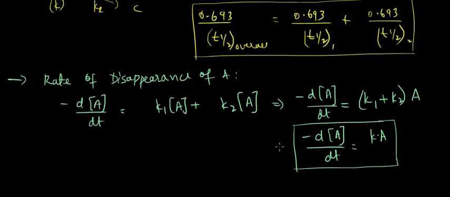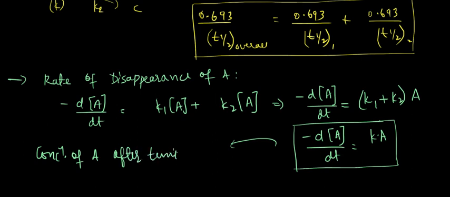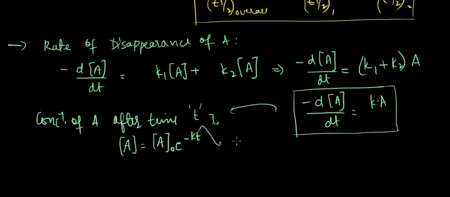So from here we can write that concentration of A after time t would be A equal to A naught e to the power minus kt, where K is nothing but K1 plus K2.